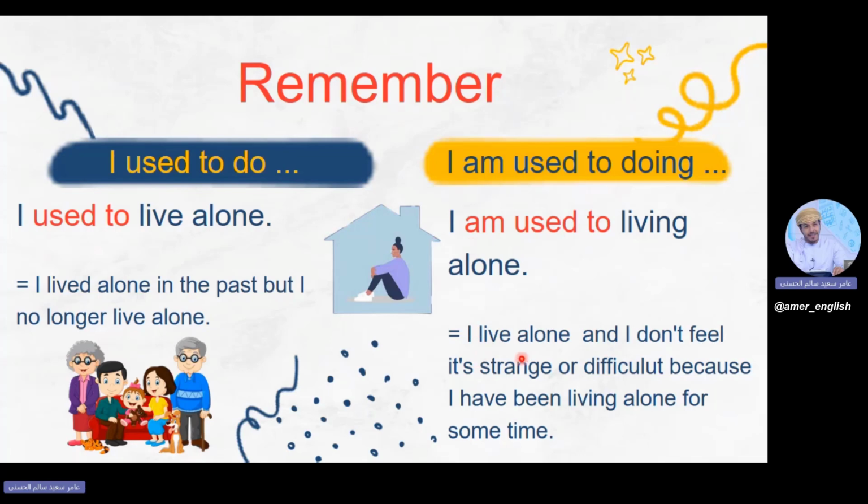It means I live alone and I don't feel it's strange or difficult, because I have been living alone for some time. So this is not something new or strange. I'm used to it. And sometimes you can see or find some people saying, I'm used to it. It means no problem, I can do it.